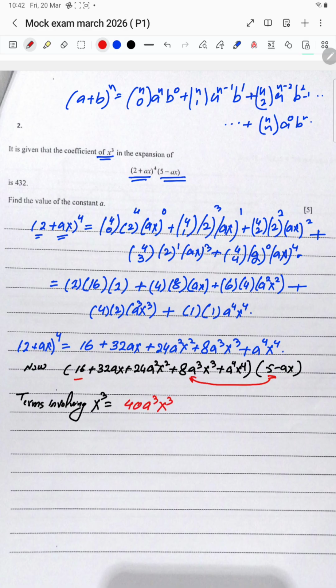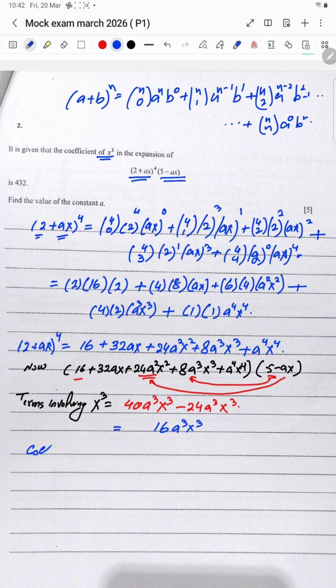One term I will get from here. And next, when 24a square x square multiplies with minus ax, it will be minus 24a cube x cube. There are no more terms involving x cube. So you can simplify this further to get 40 minus 24, which is 16a cube x cube.